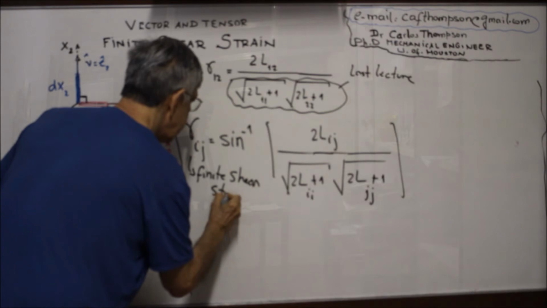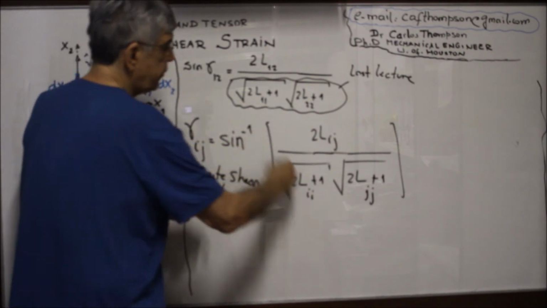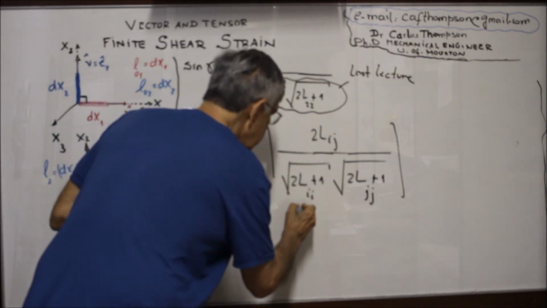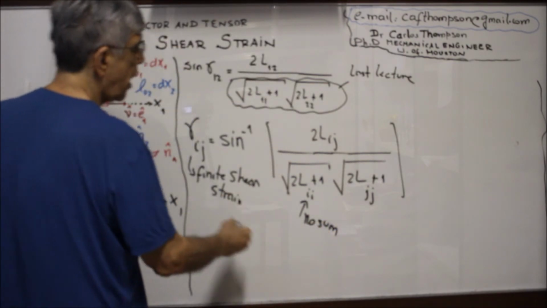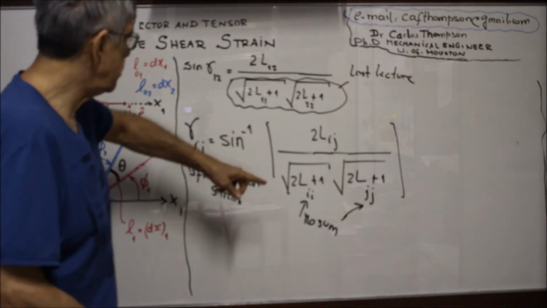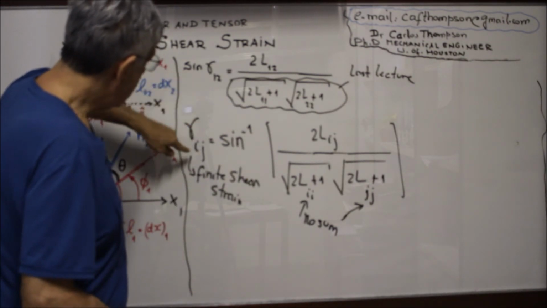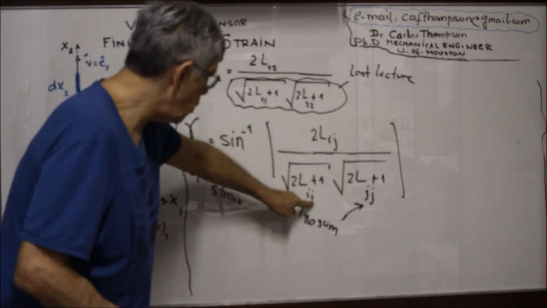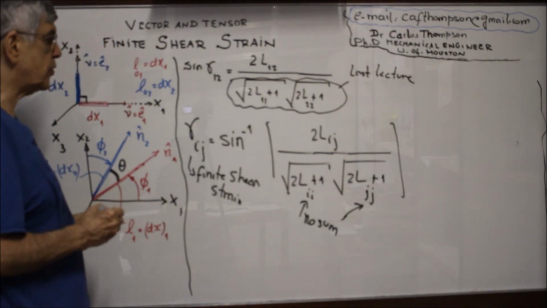Sine of gamma ij is this term over here with Lij. Attention here, no sum on i, and here, no sum on j. And here, you see, sine gamma 12: this is 12, this is 11, and this is 22. Now, this is a finite shear strain.